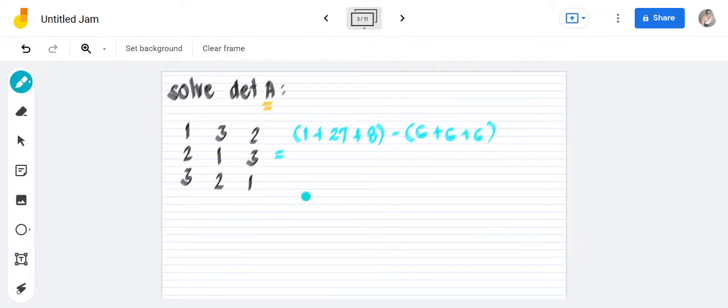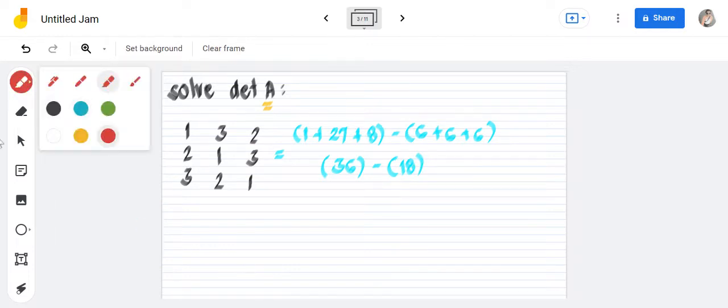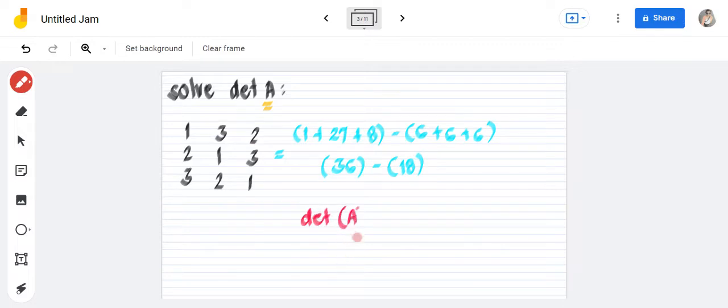So that will now be equivalent to 36 minus 18, or the determinant of your coefficient matrix A is equal to 18.